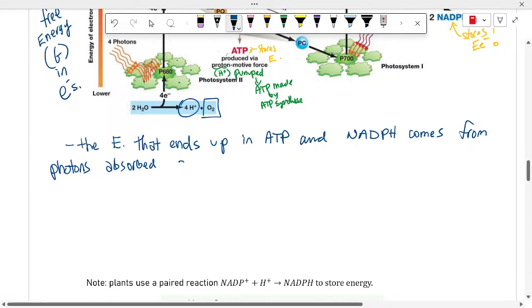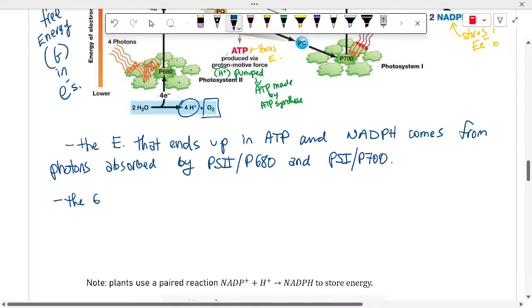The photons are absorbed by PS2, which is also known as P680, and photosystem 1, also known as P700.